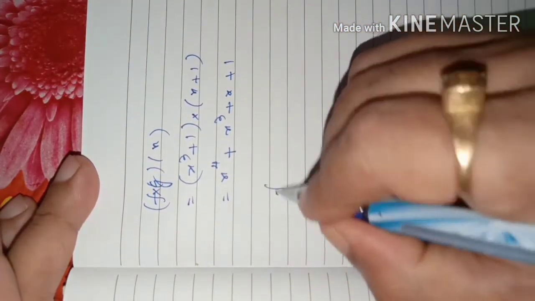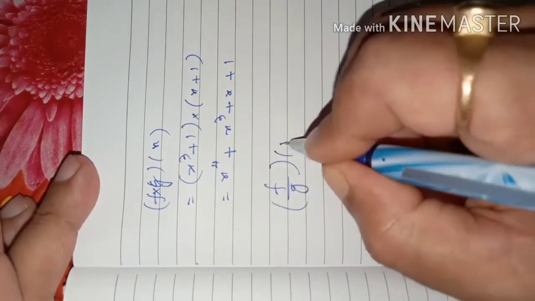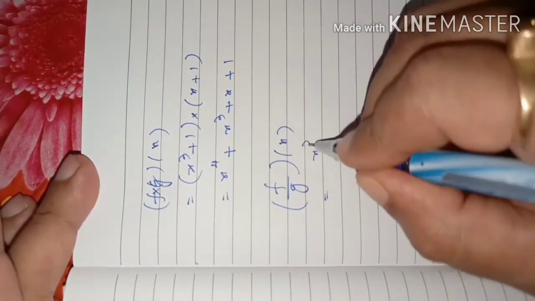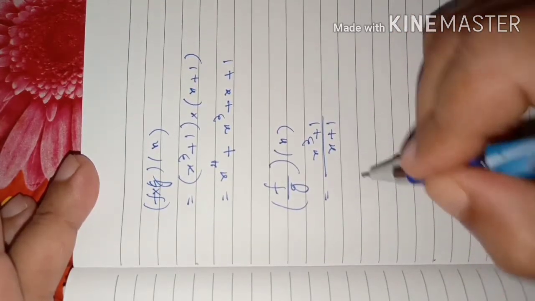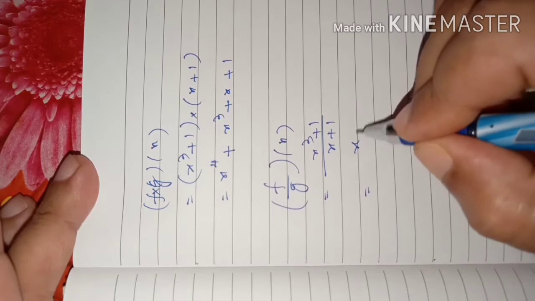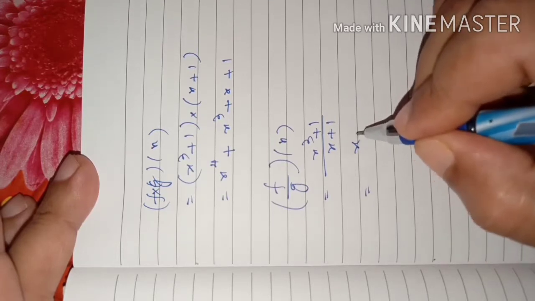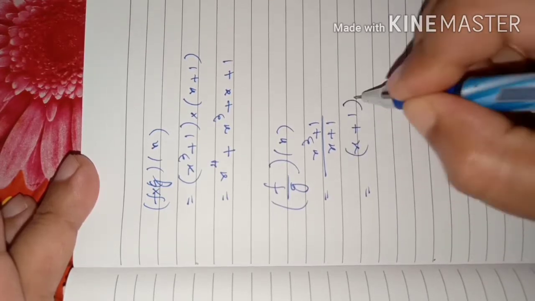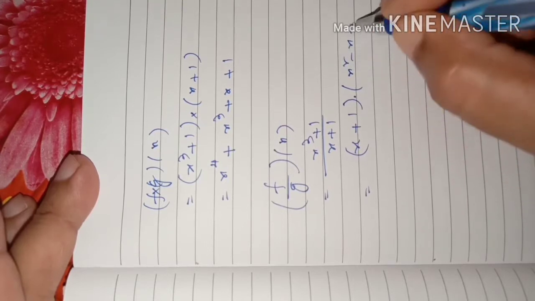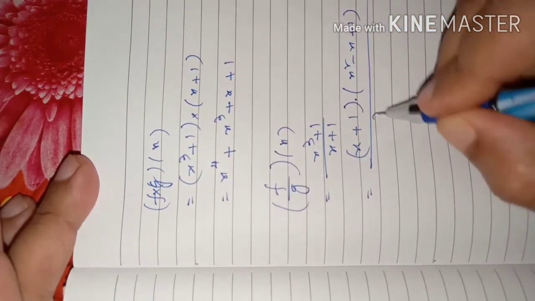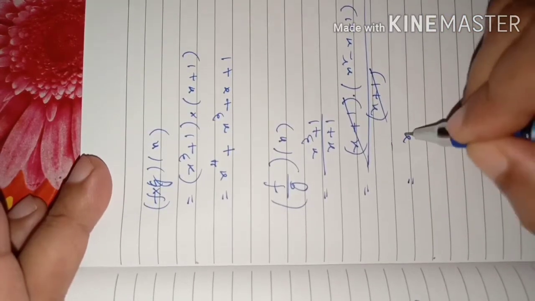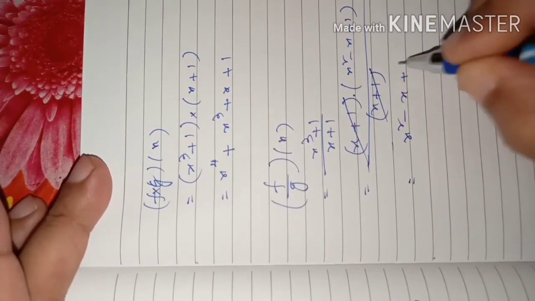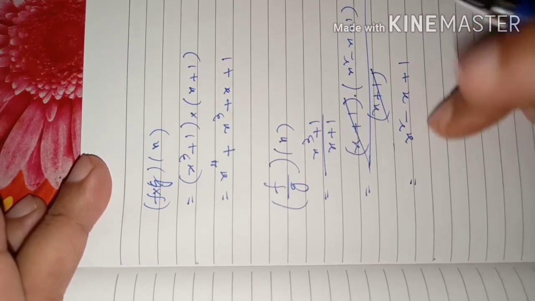If it is f by z of x, then we understand x cube plus 1 divided by x plus 1. Or you can also write x cube plus 1 as x plus 1 into x square minus x plus 1, divided by x plus 1. So this x plus 1 cancels. The result is x square minus x plus 1. So this is the f by z function.